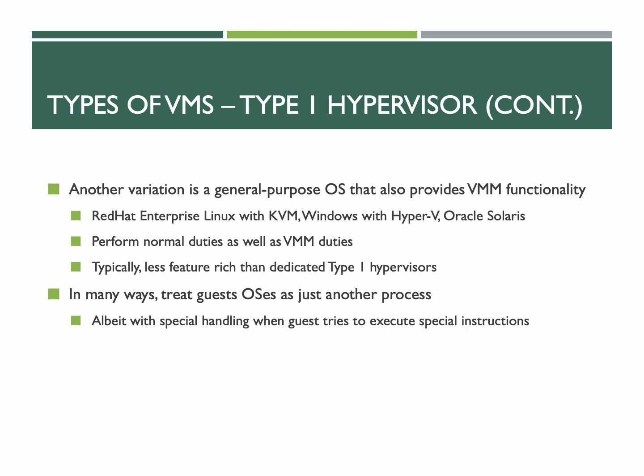For example, KVM is integrated into the Linux kernel, allowing RHEL to run VMs alongside regular Linux processes. Then Windows with Hyper-V.